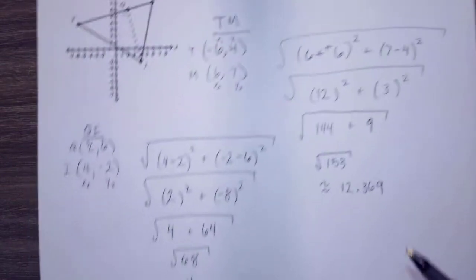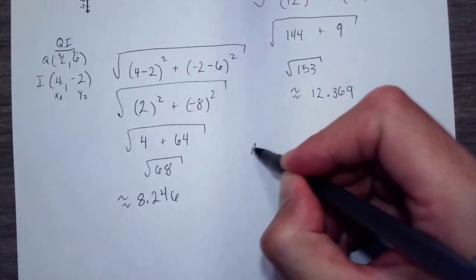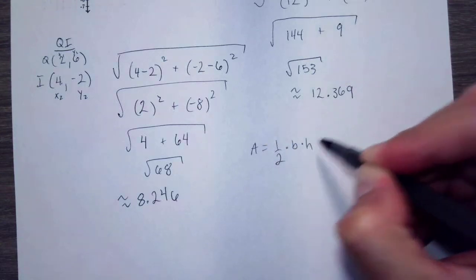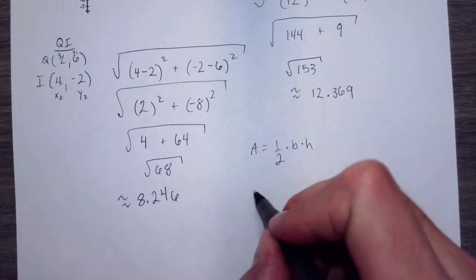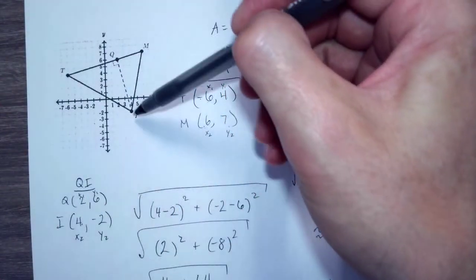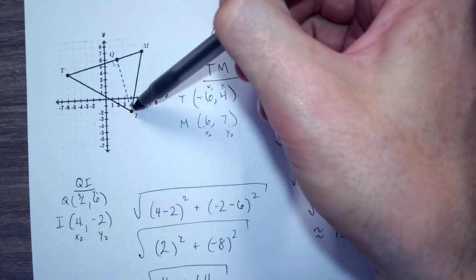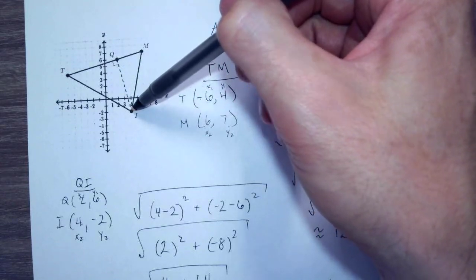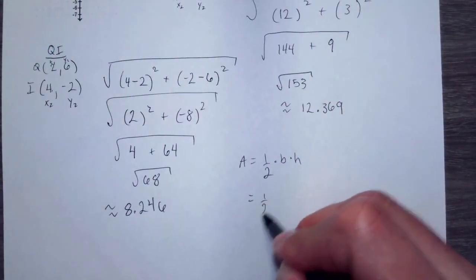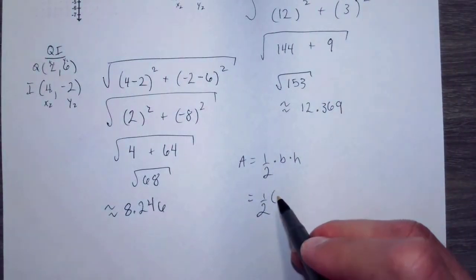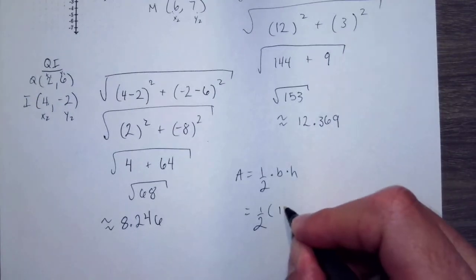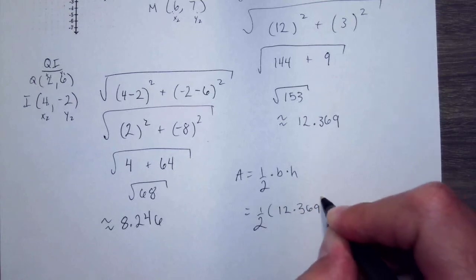And TM is 12.369. So all I'm going to do is use area equals 1/2 times base times height, and I'll plug in what I have. Remember, the base was TM, and the height was the perpendicular to that, all the way to the other vertex, so QI. So I'll say 1/2 times the base, which was TM, 12.369.